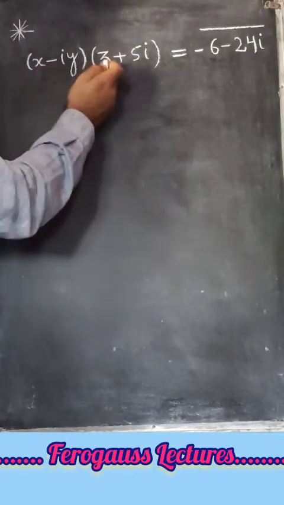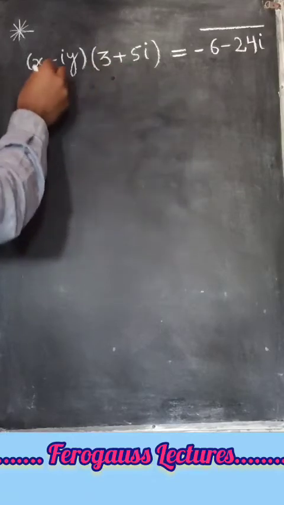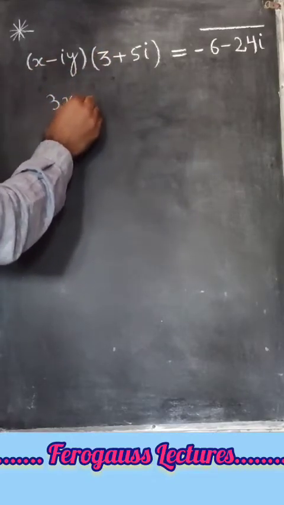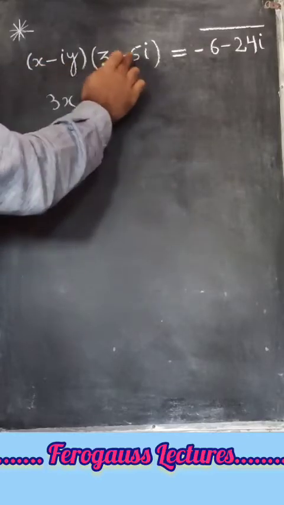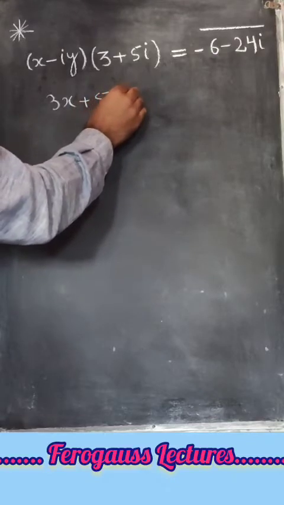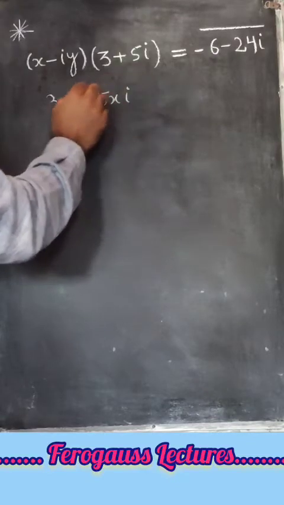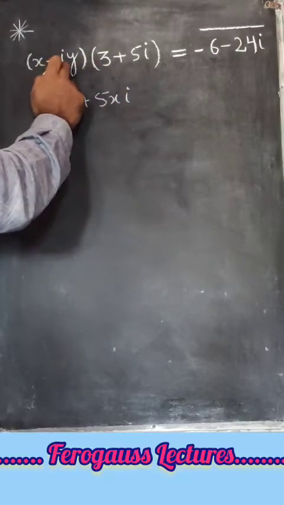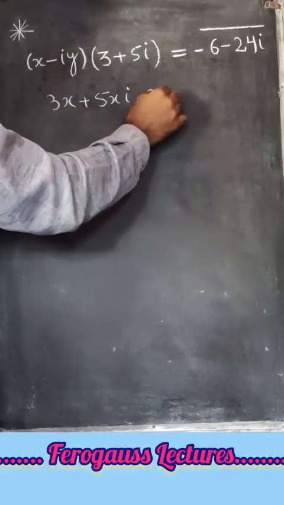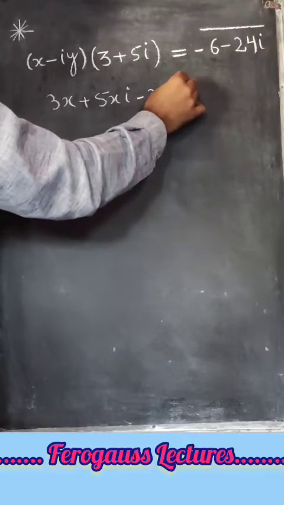We will multiply these two complex numbers and we get x into 3, that is 3x. Then x into 5 iota, so we get 5x iota. Then it is iota y into 3, it's minus times, so we get minus 3y iota.